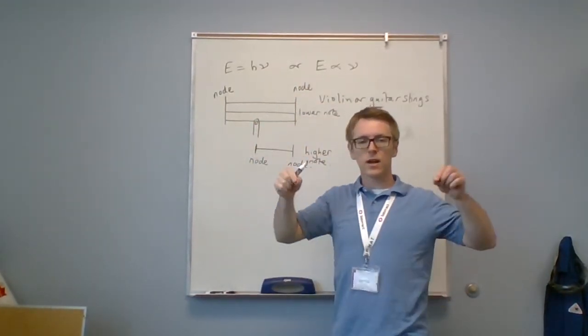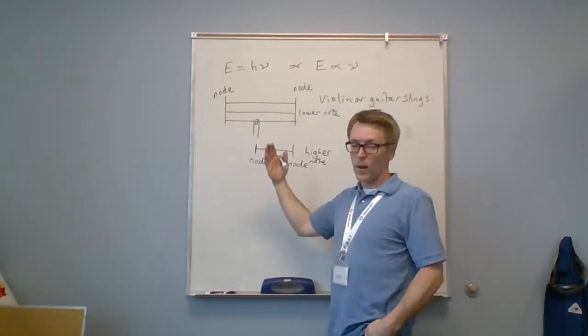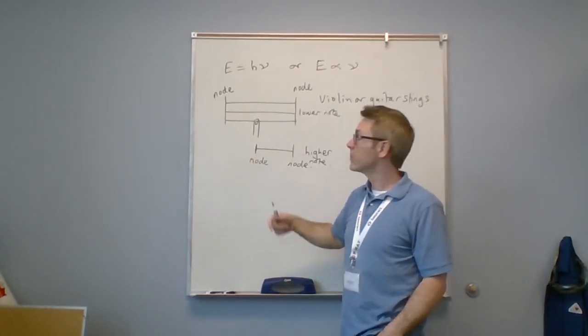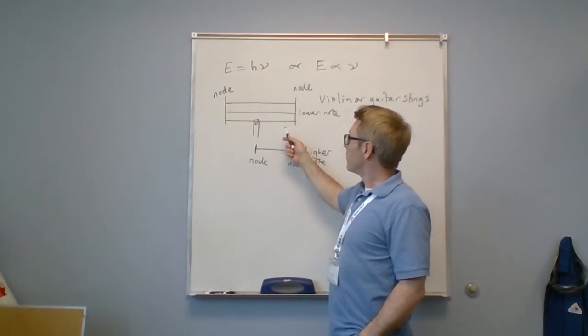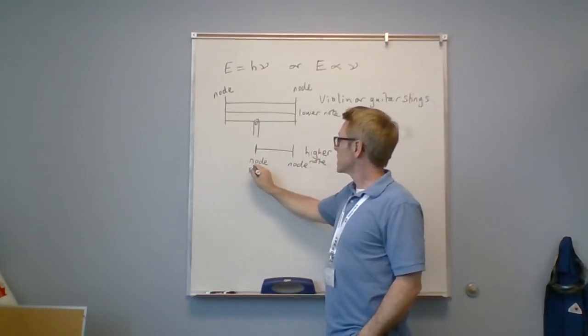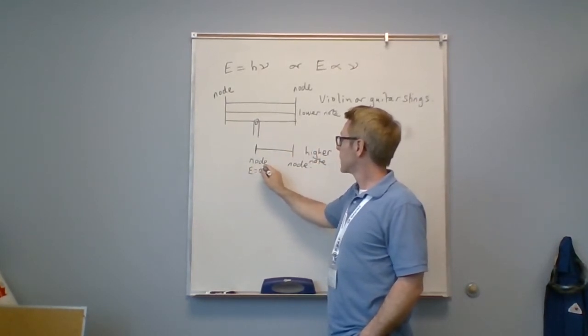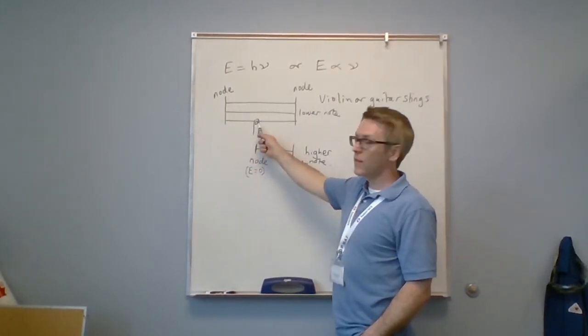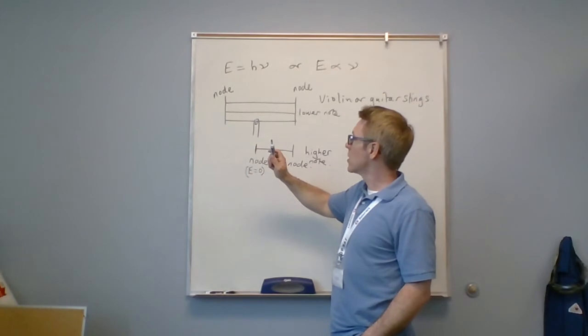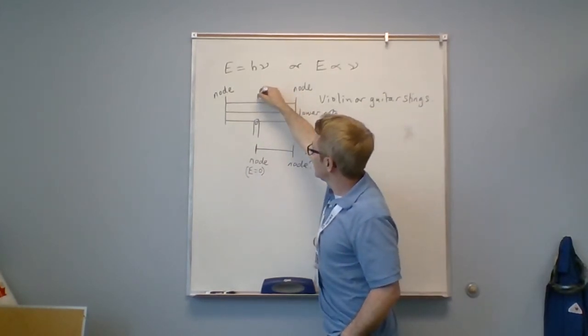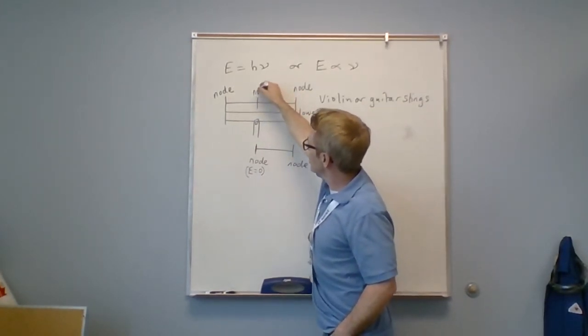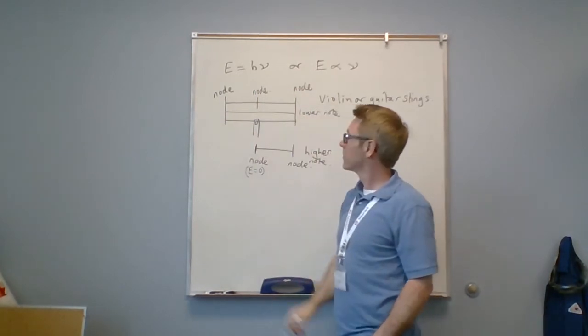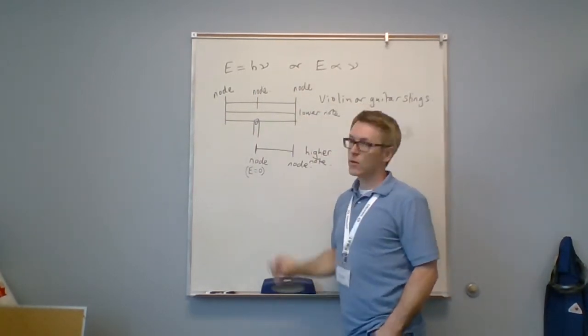That's where the string can't move, or a place where the energy is 0. So the energy equals 0 at the node. But by putting my finger in the middle, I add an extra node in the middle. So I've increased the number of nodes.